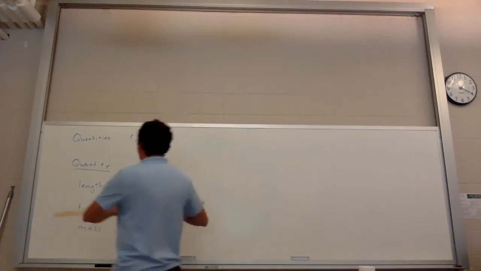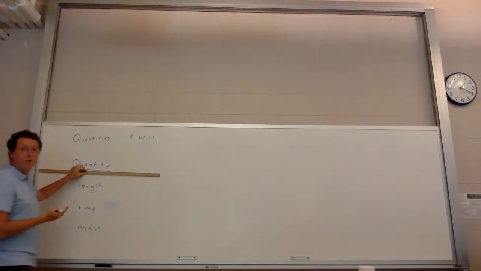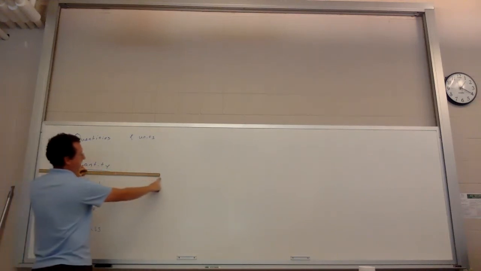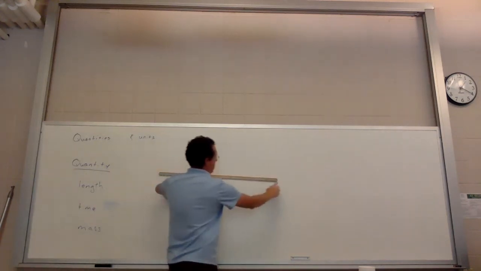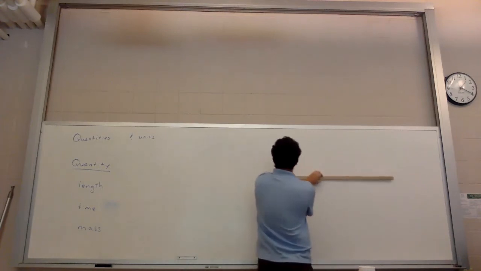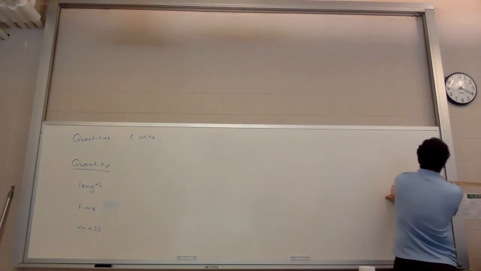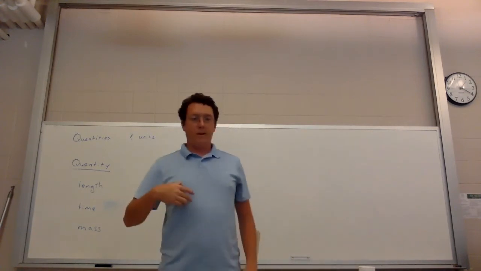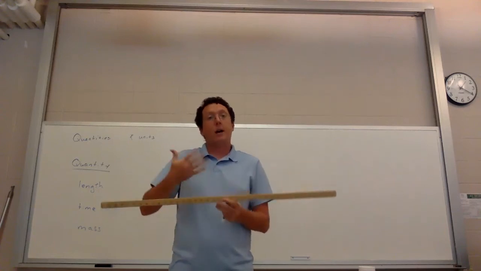So for example, the board: the way I imagine doing this is by laying out meter sticks one at a time and keeping track. So 1 meter, 2 meters, 3 meters, and about 3.4 meters. So the board is 3.4 of these. And so that's how we make our measurements.